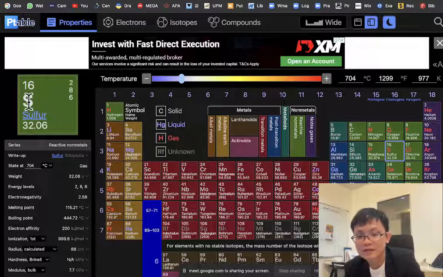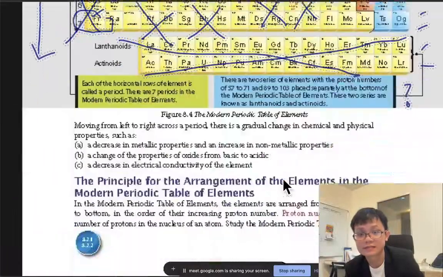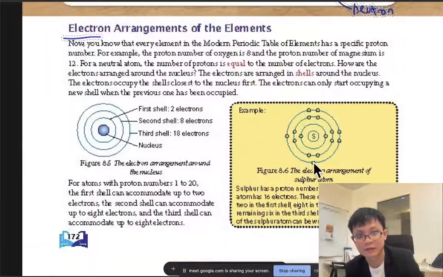Okay, where was I? Sulfur has 16 protons, so we know it has 16 electrons. Let's look back at the notes. Is it 16? Let's check whether the book is correct or not.